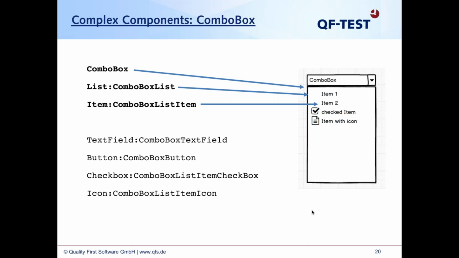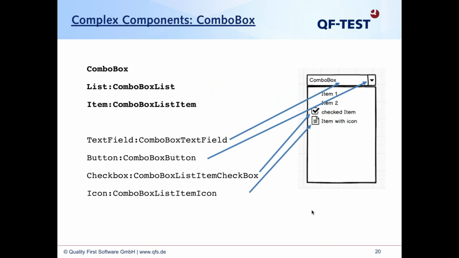And then you have, again, the optional attributes to say, okay, there is some text field where you can check text or enter text, or here is the button to drop down the combo box. This is especially important if your framework is built in a way that the list itself is not visible when the combo box is not dropped down.